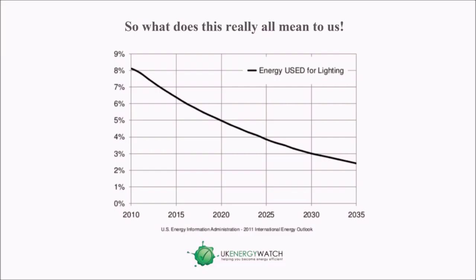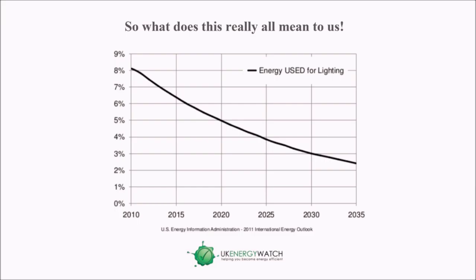So just by replacing the world's lighting with LED, we're going to bring that amount of energy being used to about 2.5%, which is fantastic for the world's requirements to reduce the amount of energy that we're using. So it's why it's such a fantastic technology.